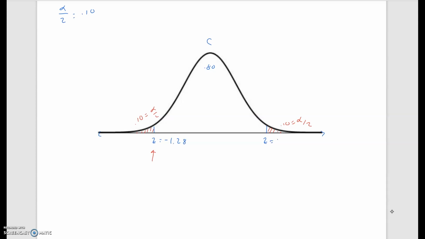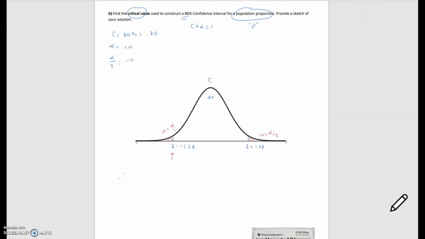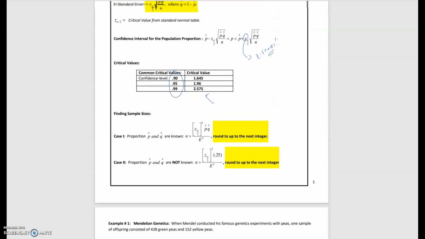The one on the right is 1.28. And let me write it as the z-scores. The z-scores are z is equal to negative 1.28 and z is equal to 1.28. Now, for the critical value, we only report the positive.